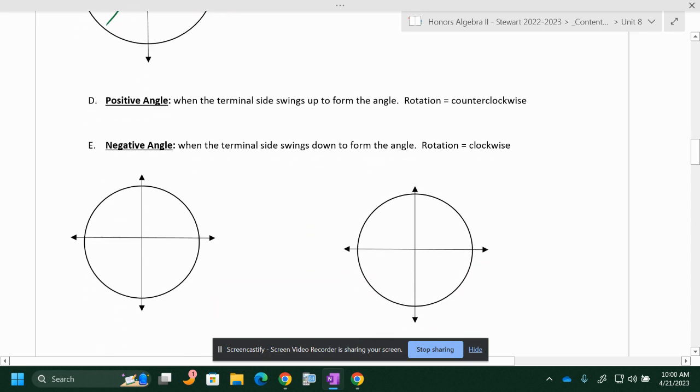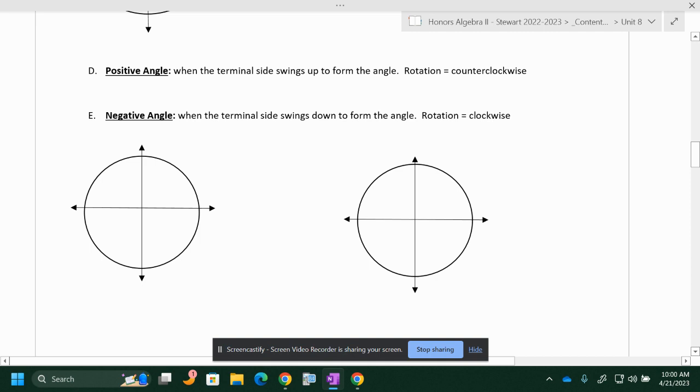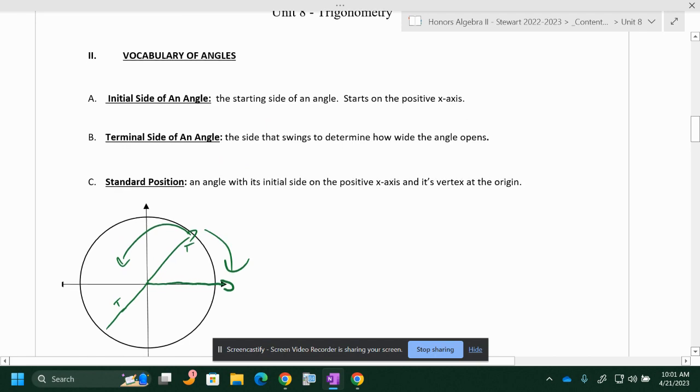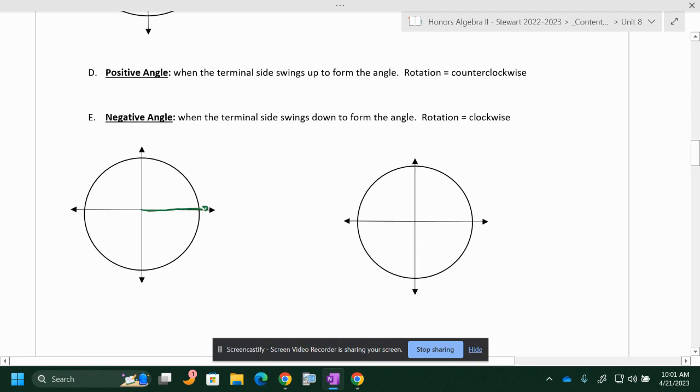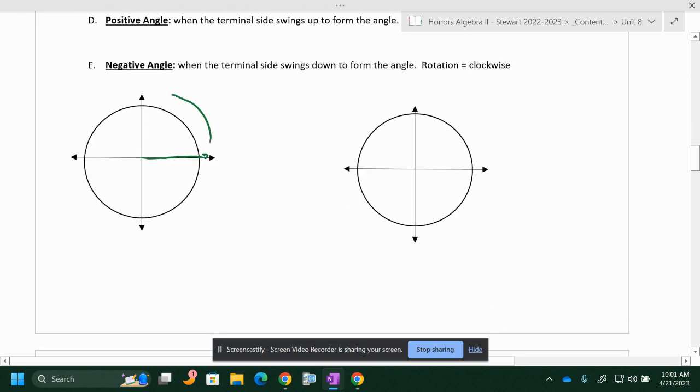When the terminal side swings up to form the angle counterclockwise, it's what we call a positive angle. For example, here is my initial side, and I'm swinging this way. Maybe I swing the whole way over here. That would be a positive 180 degrees.